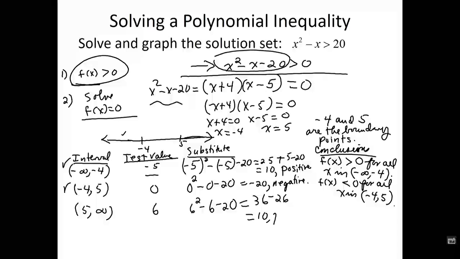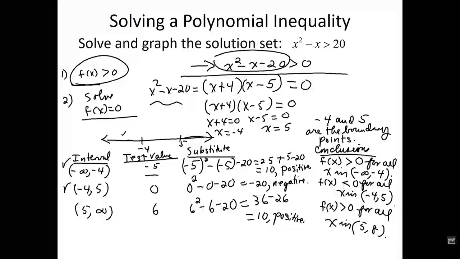And this is positive. So the conclusion is that f of x is greater than 0 for all x in the interval from 5 to infinity. All right? So now the solution set.